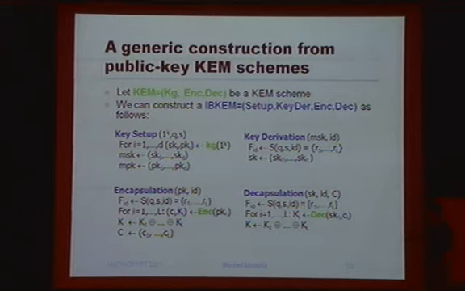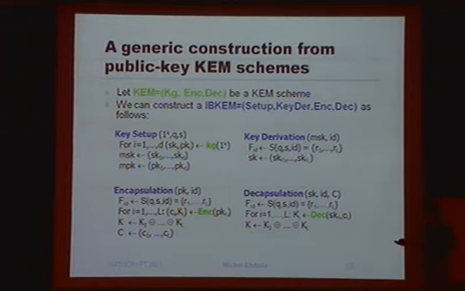So we first map the identity using S to the particular set F of ID, and then we give those keys to that user. Here we're talking about IDCAMs. The encapsulation works in the standard way.